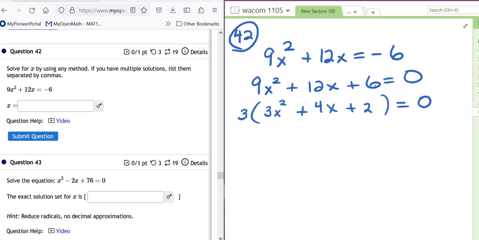Just thinking for a second. 3 times 2 is 6. 6 and 1, 4. And that's not going to factor from there. So, one trick you can do, since I did factor out that 3, I can actually divide it out.